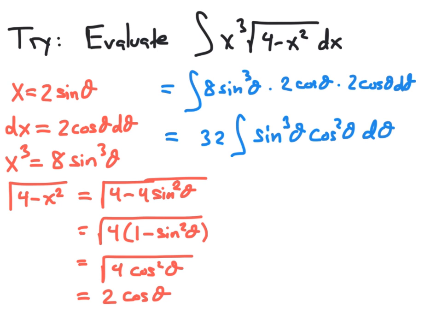We can rearrange this a little bit to get a constant of 32, which we can pull outside the integral. And then we have sine cubed of theta times cosine squared of theta. This is a standard trigonometric integral. We have an odd power of sine here with a sine cubed. And so we're going to isolate a power of sine and then perform a standard substitution.